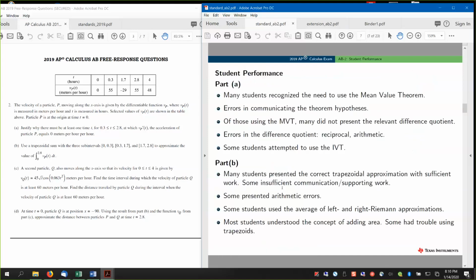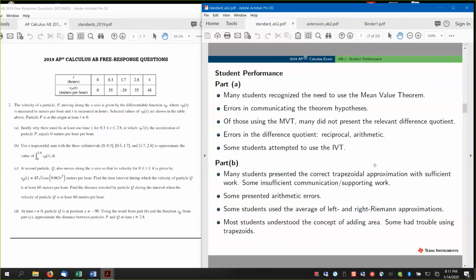So here's a little bit about student performance, some general comments about student performance on this question. So up here in part A, many students did recognize that they needed to use the mean value theorem. However, some made errors in communicating the hypothesis or simply didn't state the theorem hypothesis. Some students failed to present the relevant difference quotient needed here.